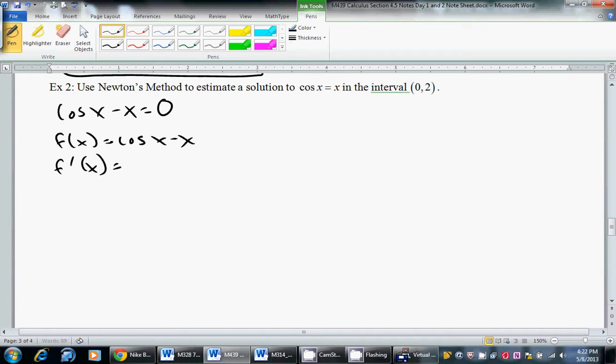So f prime of x is going to be negative sine of x minus 1. And again, I have this interval right here, so I'm going to let x sub 1 equal 1.